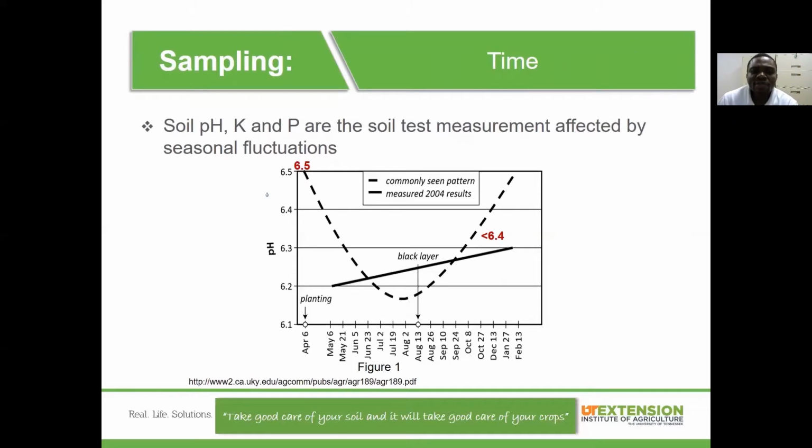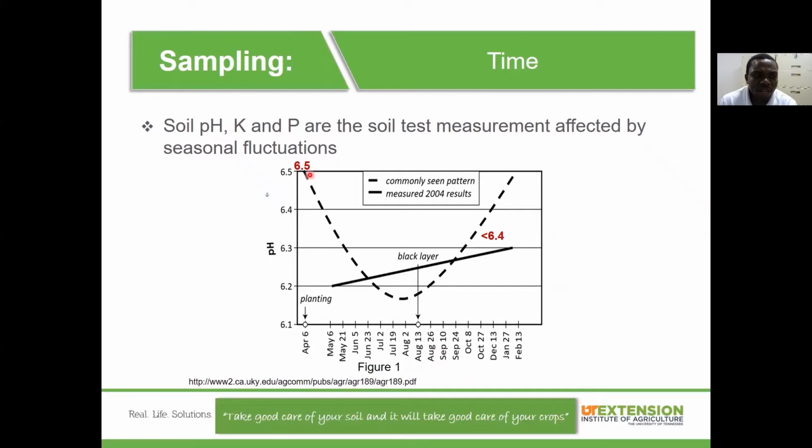The graph you see here shows the pH of a soil collected at 0 to 6 inches over several months. On the y-axis, you have the soil pH, and on the x-axis, you have the sampling time.